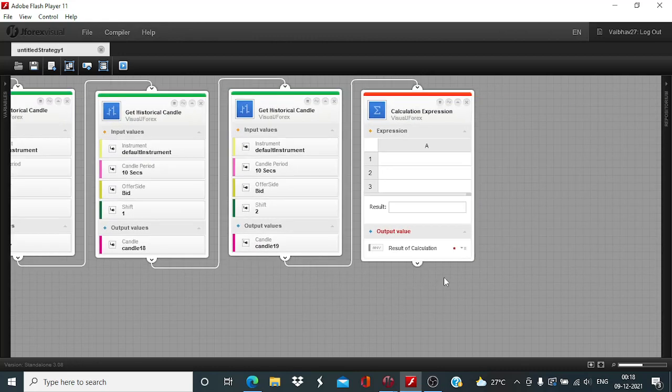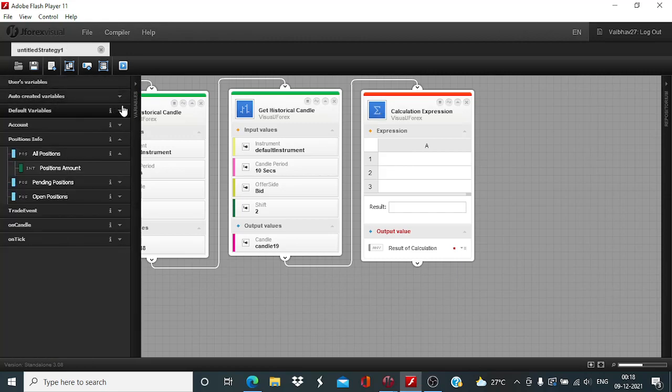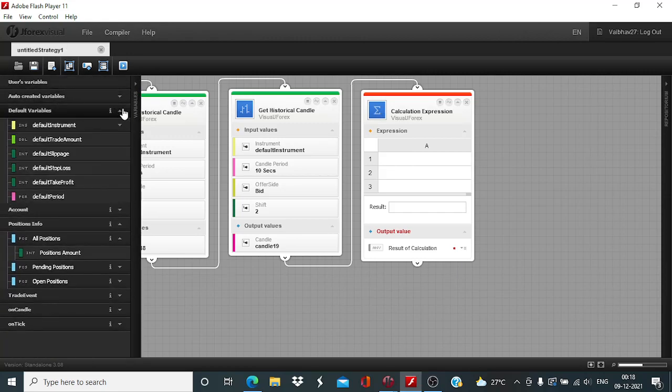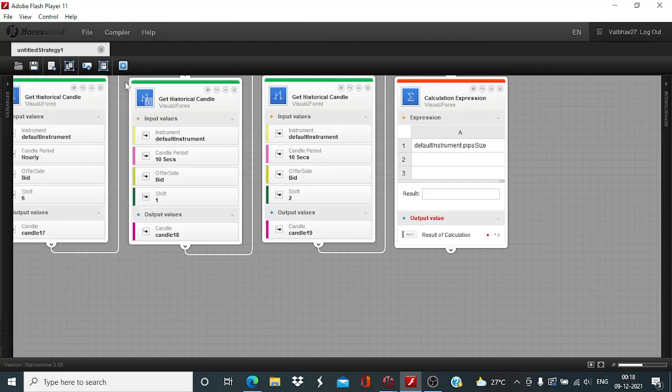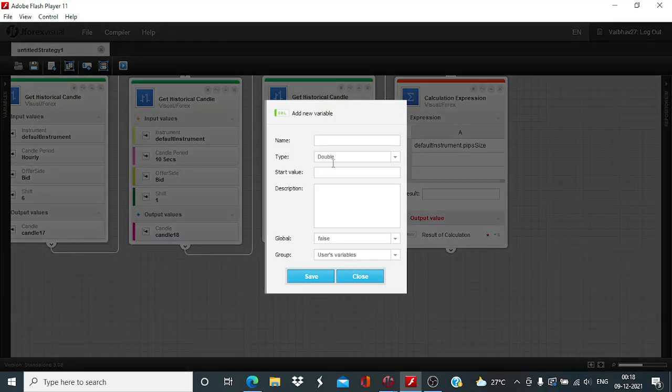So for that I will be defining the range here of 15 pips, and to that we need to take into consideration the pip size of the underlying instrument and multiply it with the desired value, which is 15.